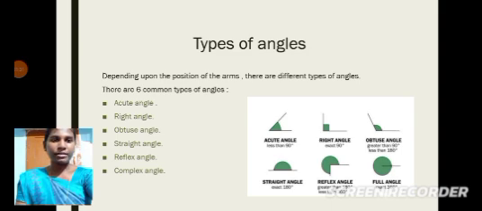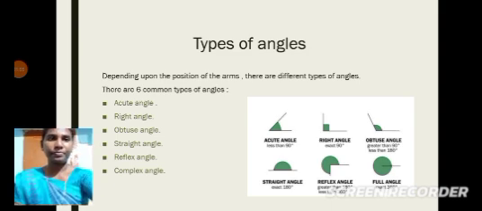For an acute angle, the angle should be less than 90 degrees. For a right angle, the angle should be exactly 90 degrees. For an obtuse angle, the angle should be greater than 90 and less than 180 degrees. For a straight angle, the angle should be exactly 180 degrees. For a reflex angle, the angle should be greater than 180 degrees but less than 360 degrees.